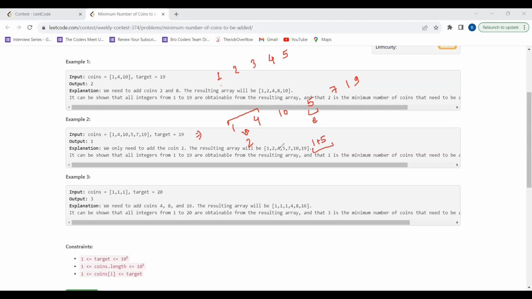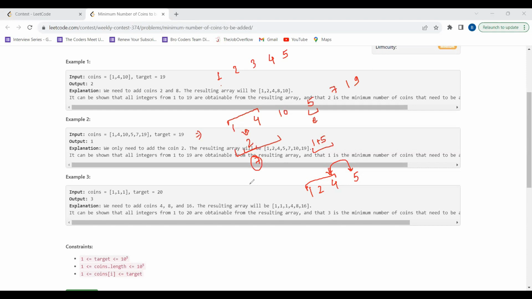If after 4 we are getting 5, then as we complete our traversal from 4, we'll move to 5. Sorry, we have added 2 also, so we can form all the sums up to 7.